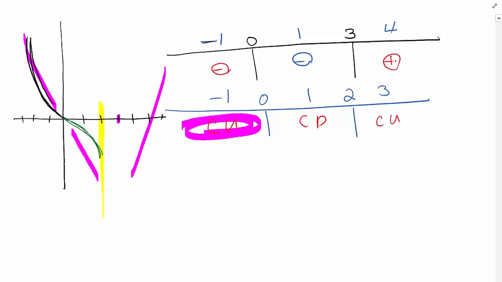And from 2 to 3, as we see 3 is merging here, from 2 it starts concave up. So after 2 here is concave up, and the 3 indicates a turning point here, which means even though both are concave up, from 2 to 3 it must be concave up and decreasing, and after 3 concave up and increasing.